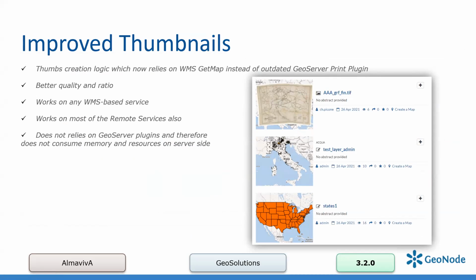But instead we try to generate the thumbnail by using a plain and very light getMap request that allows us to not only consume fewer resources and not overload the GeoServer, but also the quality of the thumbnails will be much better than before.